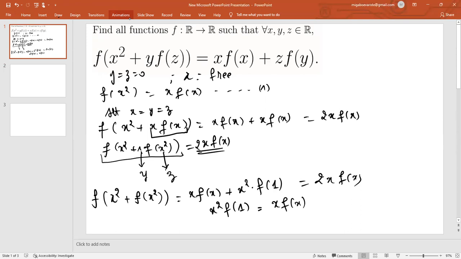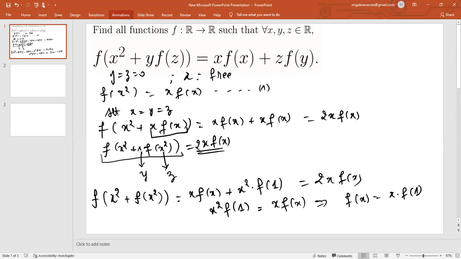So this relation should hold true for all real x, not only for x equals 0, because for x equals 0, this is true, but we are solving it for all functions f of x. So in particular, let's divide this expression by x. So we get f of x equals x times f of 1.